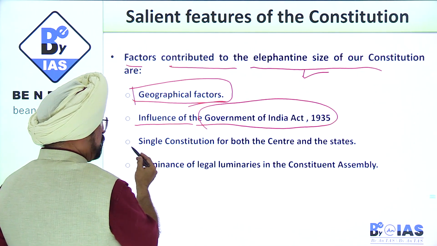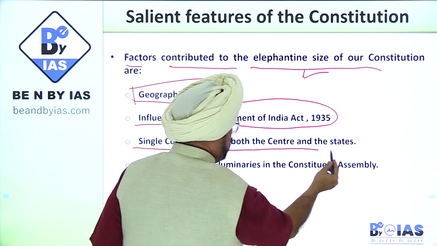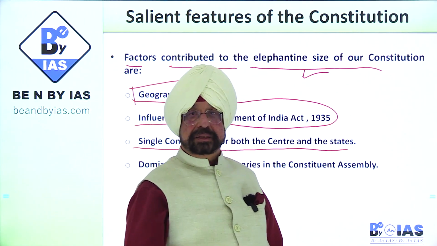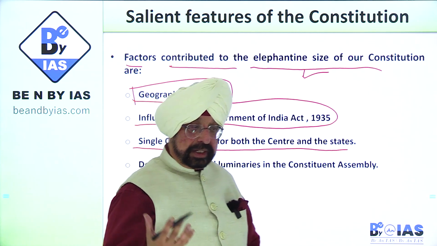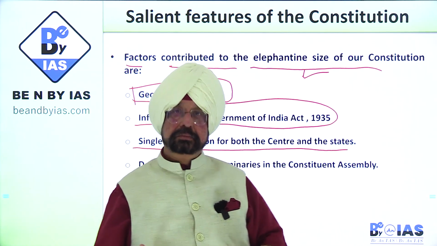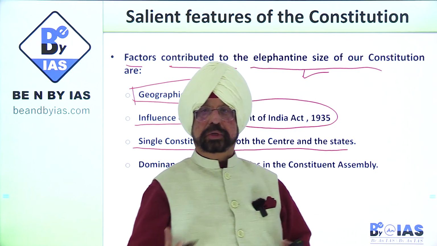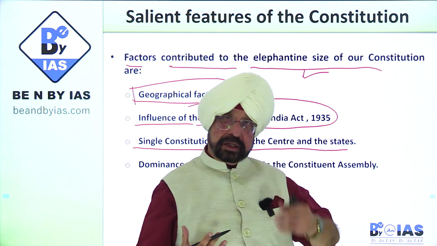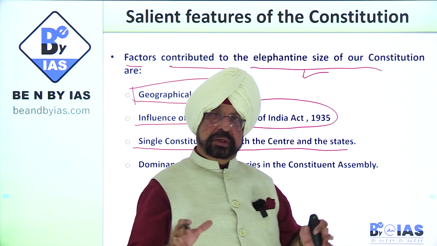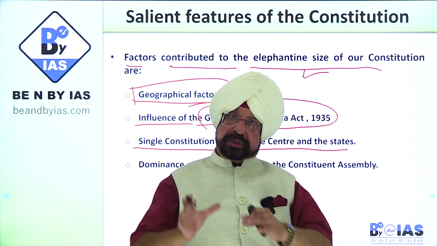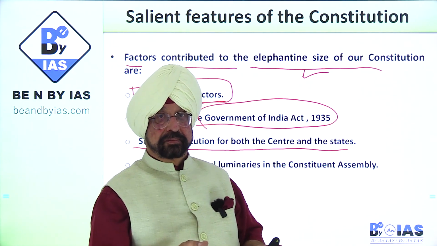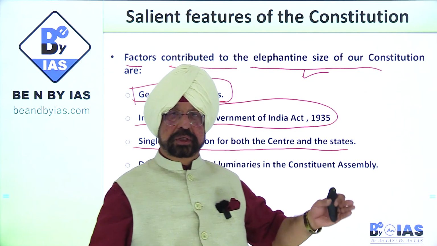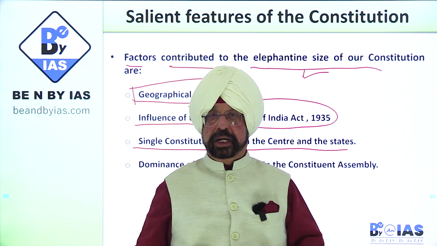Now we come to the single constitution for both the center and the states. Though ours is a federal system, where states are the units of the union, there is a single constitution which applies to both center and the states. There are no separate constitutions for any constituent units or territorial units, that is, the states.